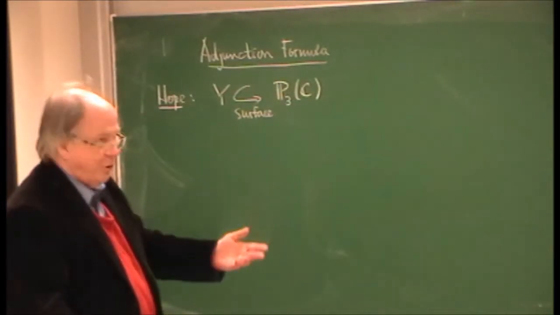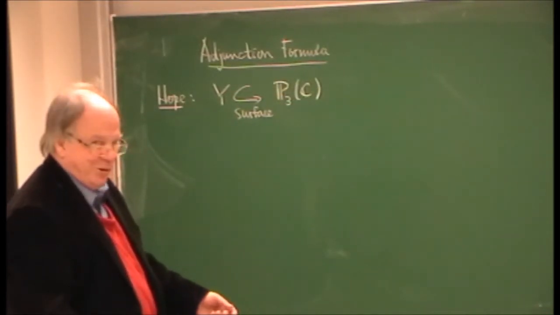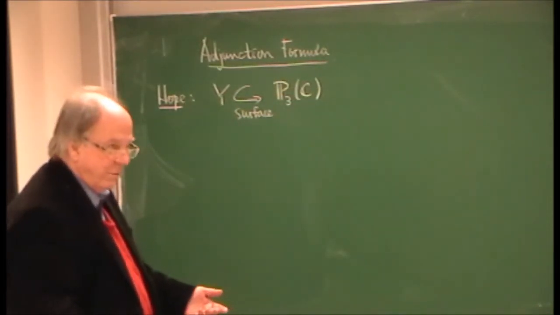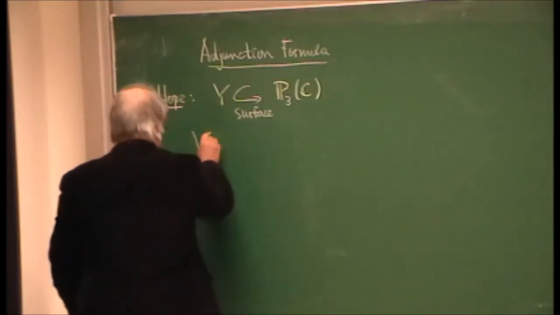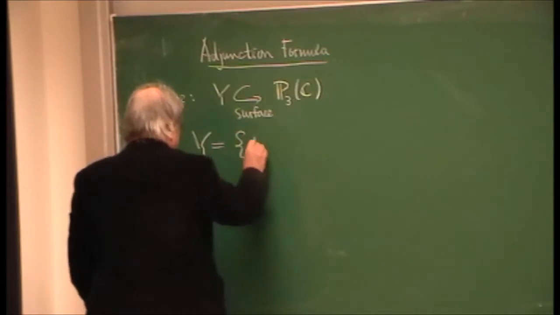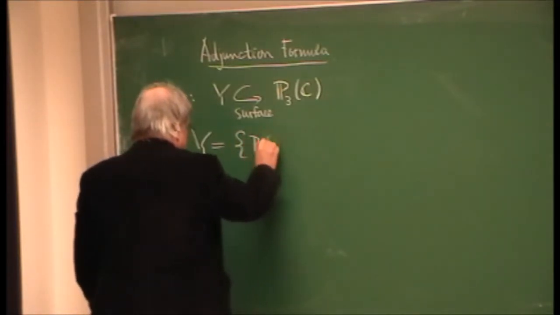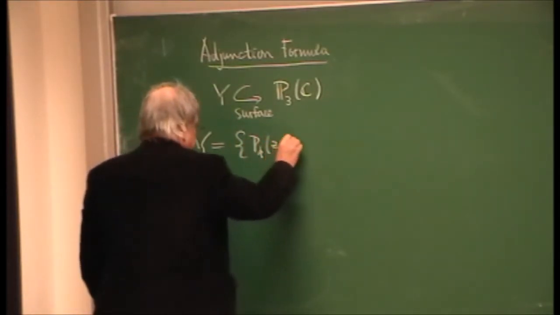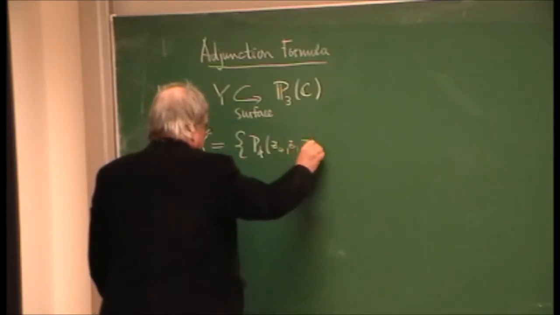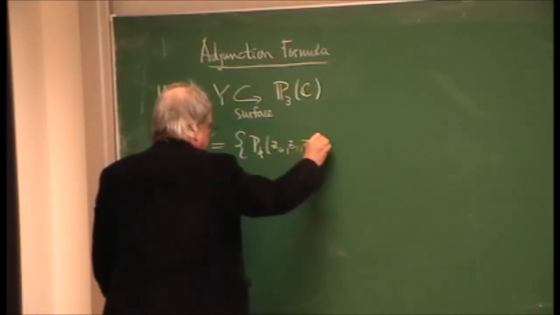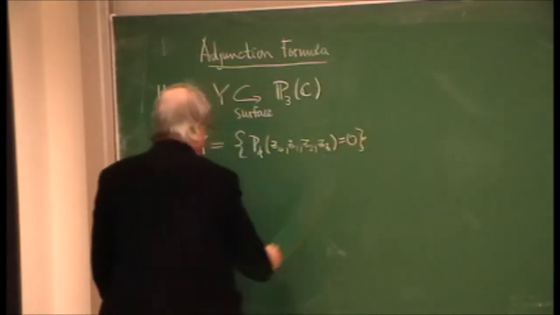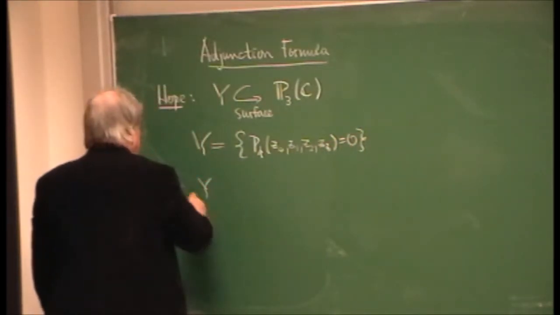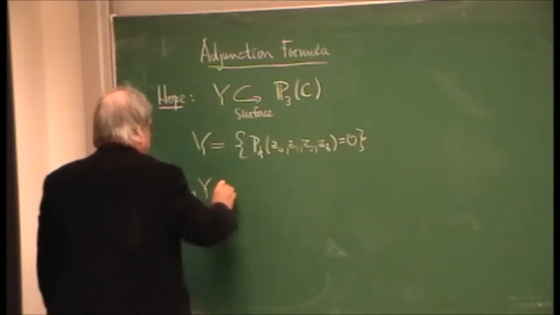You might want to look in a torus, but then you're causing yourself trouble because it's much more difficult. So you look at P3, so that means that Y is the zero set of a homogeneous polynomial of 4 variables of degree d. So we say Y is of degree d.